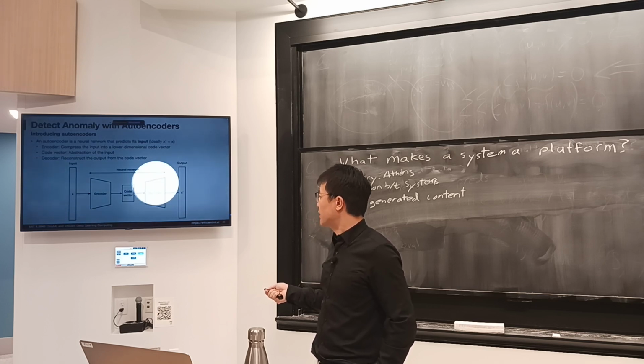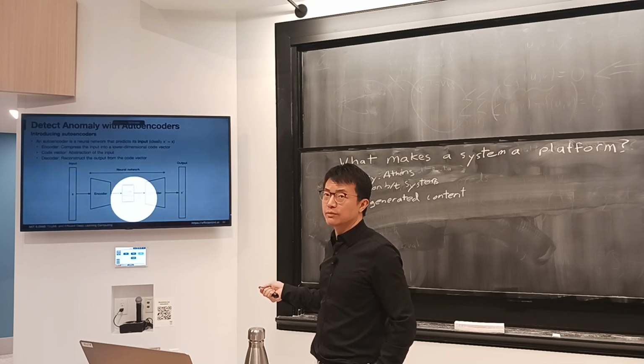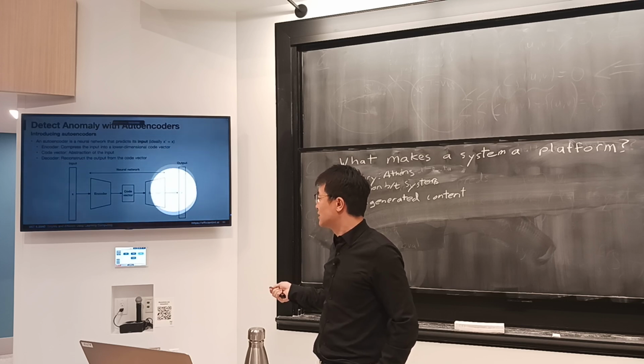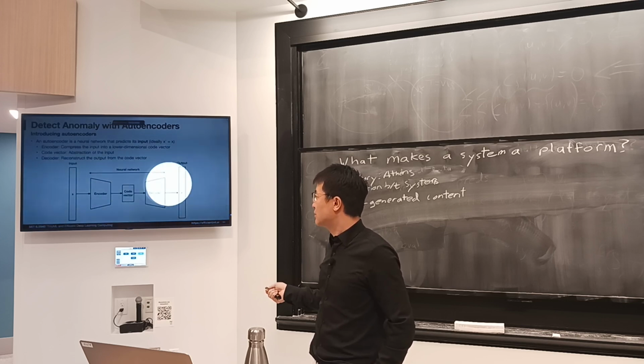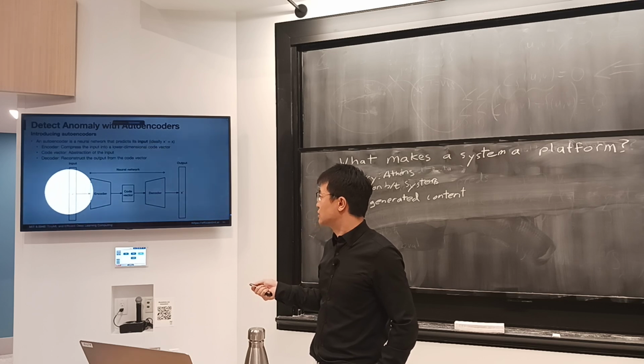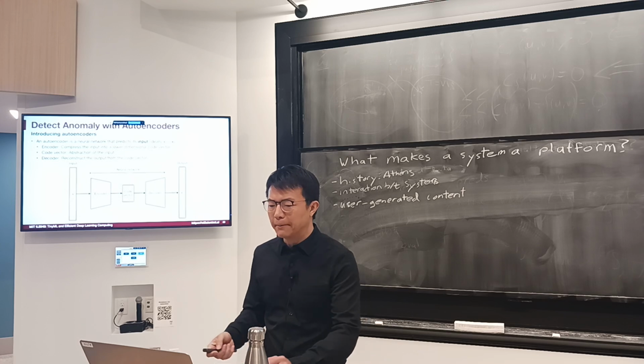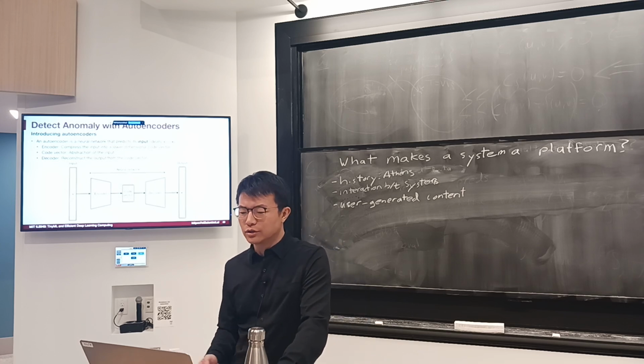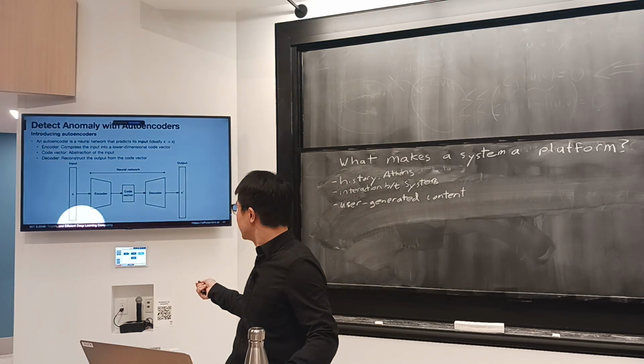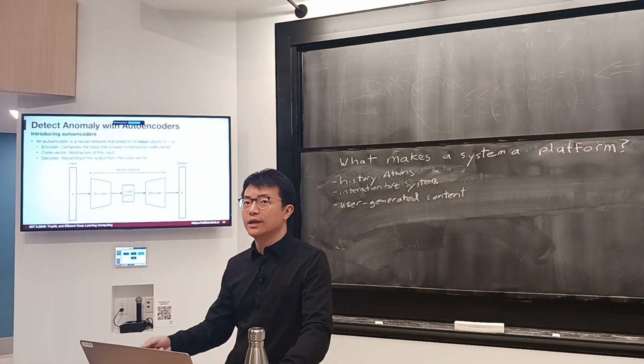And finally, we pass it through a trained decoder. The decoder takes this low-dimensional vector as input and tries to reconstruct the output to be the same as the input. So that's the structure of the autoencoder to predict the input. Ideally, the x' should be the same as x.